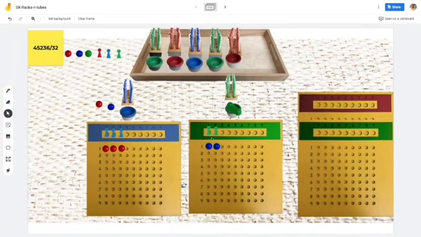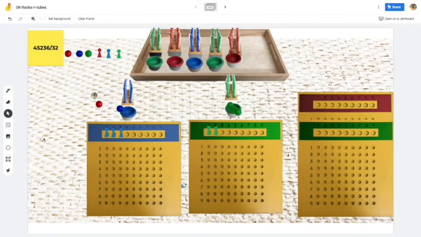Then we come back to the working space and start clearing the board. Here we have 110 and 100.